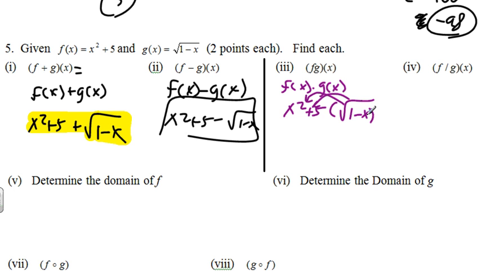So x squared times radical 1 minus x, plus 5 radical 1 minus x. That would have been our final answer right here. So you would have got half credit if you left it like this. Full credit, go all the way.